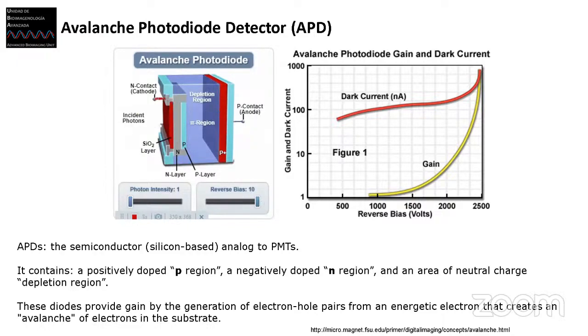This is because every photon that hits here can produce many more photoelectrons, and this is translated immediately to the cards or the electronics, connected to the occurrence of single photons. So basically, it's an intrinsically digital detector in comparison with the PMTs.